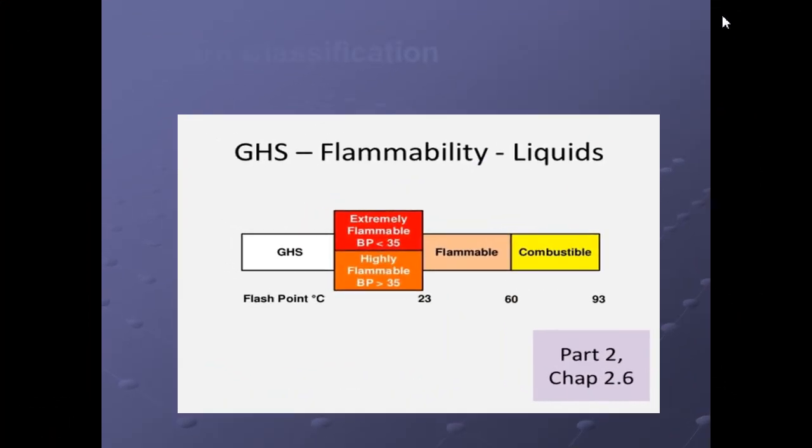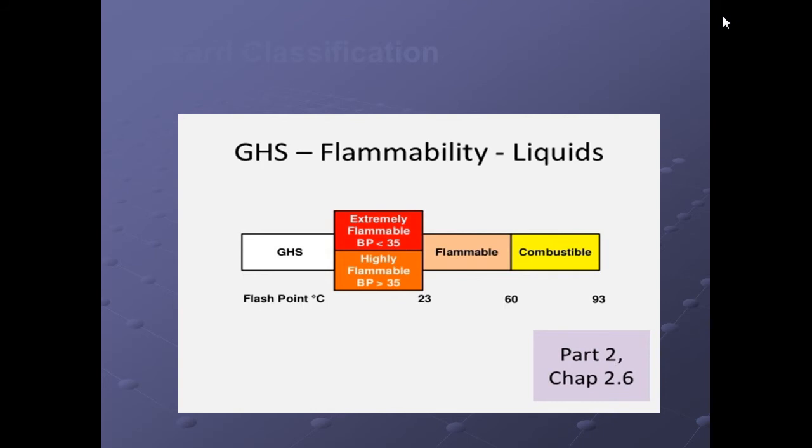The flammability on GHS, the Globally Harmonized System, where you see Part 2, Chapter 2.6, is referring to what's called the Big Purple Book. The Big Purple Book is this gigantic resource from the UN, and the UN is the brainchild of the GHS, which got started back in the 80s. So from the 80s till now, there's actually a standard, there's a consensus, and it's being implemented.